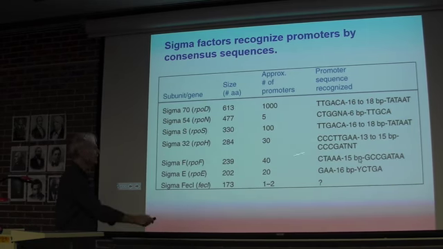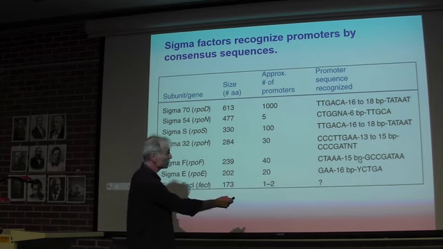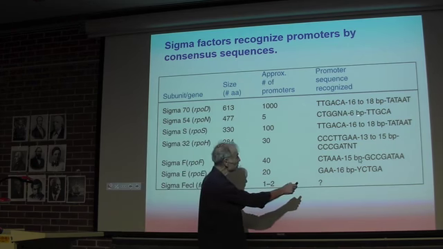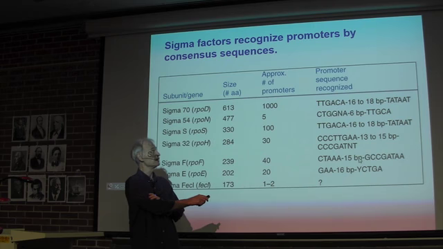Stationary phase. And look at some of these others. Here's one. That doesn't look like much of a TATA, does it? And it's only separated by 6 base pairs from the so-called minus 35. Obviously, that's not at minus 35 anymore.